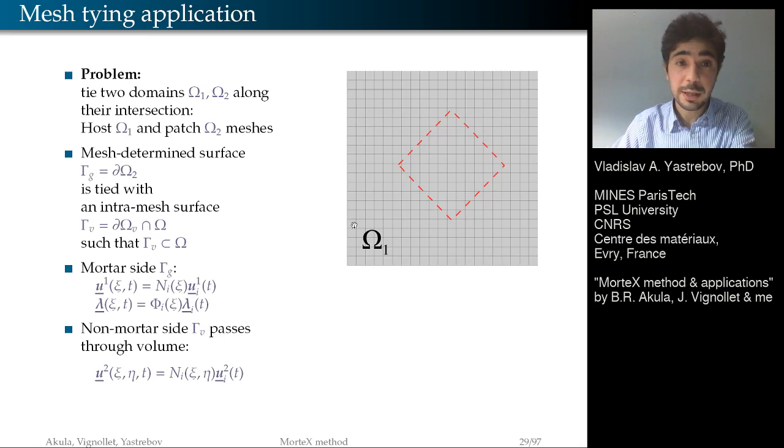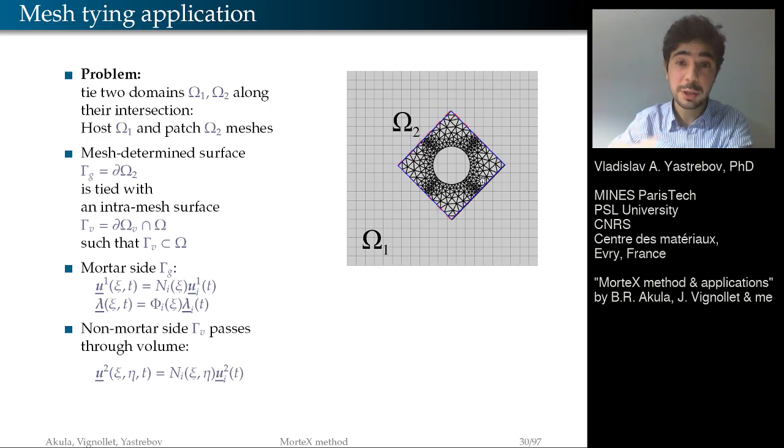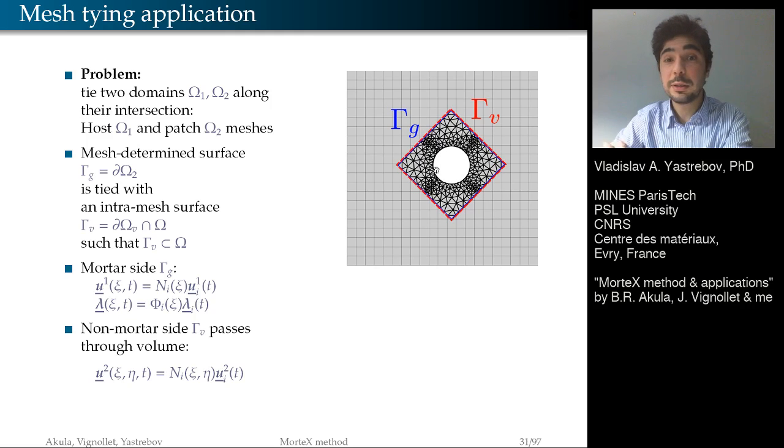So here we have a mesh, and we would like to glue on the top of this mesh a patch which contains a hole, and the physics inside the patch will be governed by this new mesh, and we simply need to glue this outer surface of the patch, the real boundary fitted surface, with the gamma V surface which passes through the bulk of the host mesh, which is an embedded surface. It's not so trivial, right?